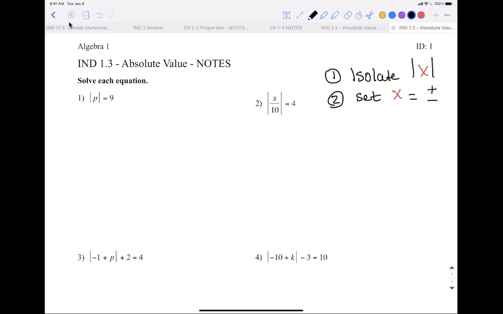But for now, just jot this down so that when you go to do it, you can go back to your notes and remind yourself. Then step 3 is to work twice. So step 1, isolate your absolute value. Step 2, set whatever's inside the absolute value equal to a plus and a minus, and then work it twice. And I'll show you what that looks like.